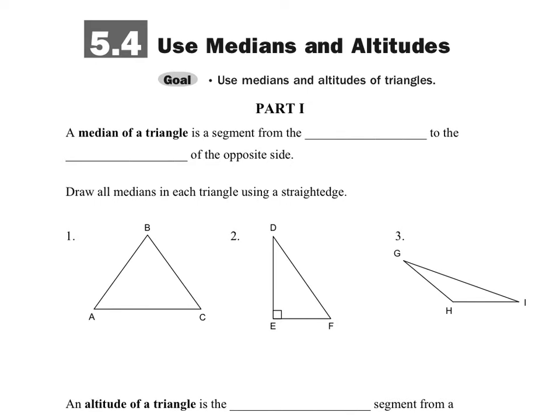So the first part, a median of a triangle is a segment from the vertex to the midpoint of the opposite side.